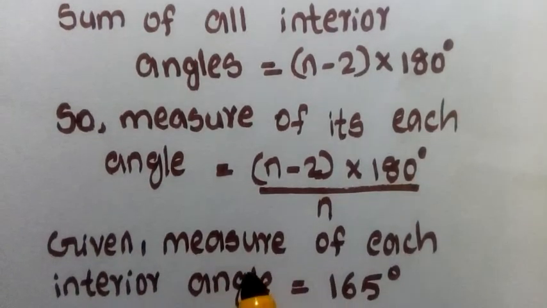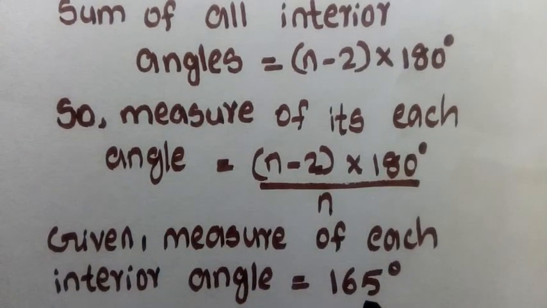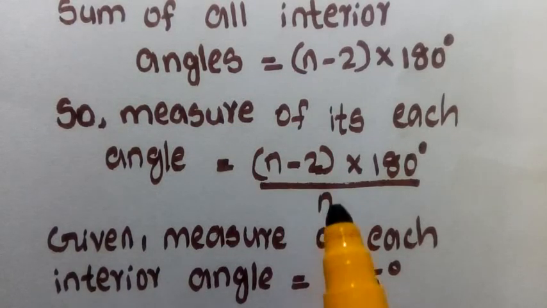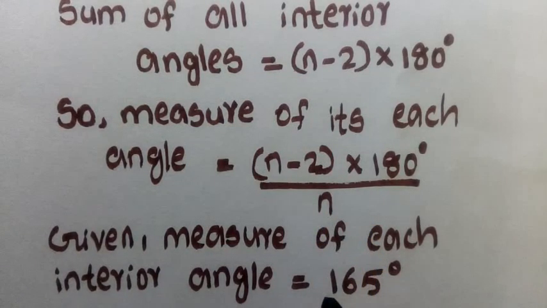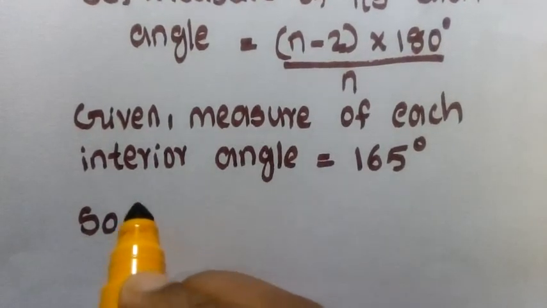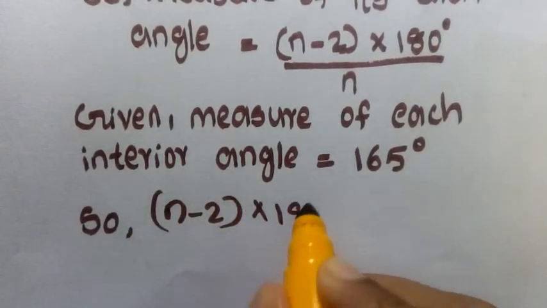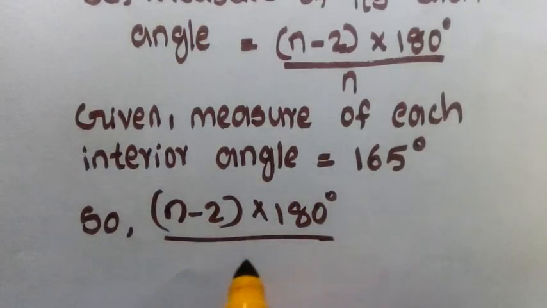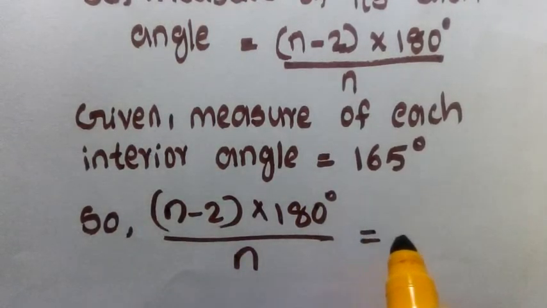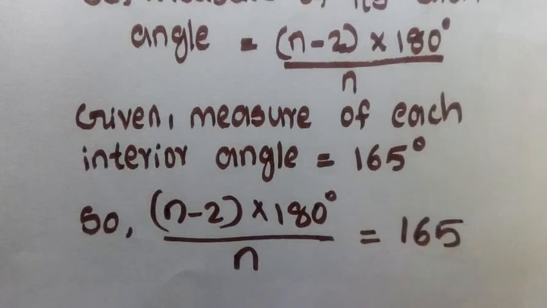Given, measure of each interior angle is equal to 165 degrees. So, comparing these two, we get n minus 2 into 180 degrees divided by n is equal to 165.